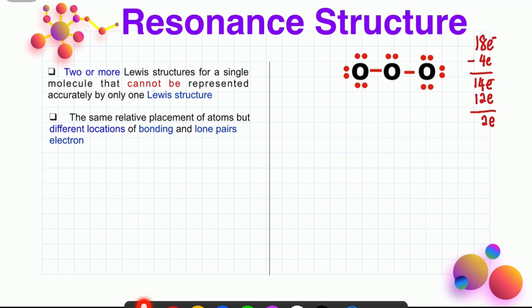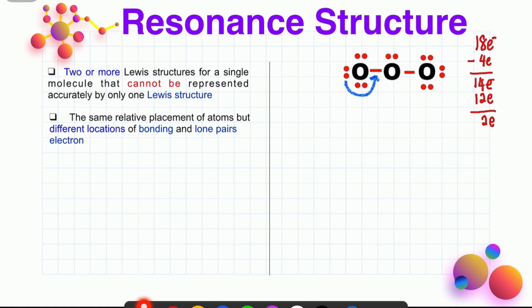The terminal atom can share one of its lone pairs by forming a bond with the center atom. For example, this terminal atom will use one of its lone pairs to form a bond with the center atom, because to form one covalent bond it needs 2 electrons.